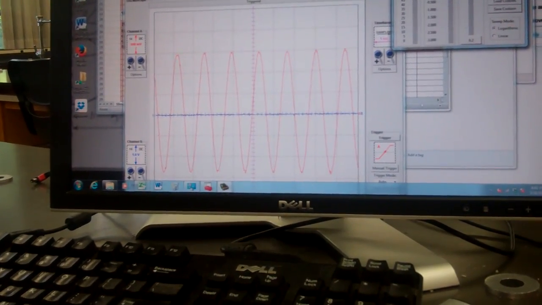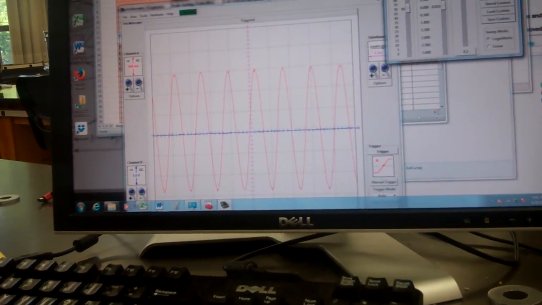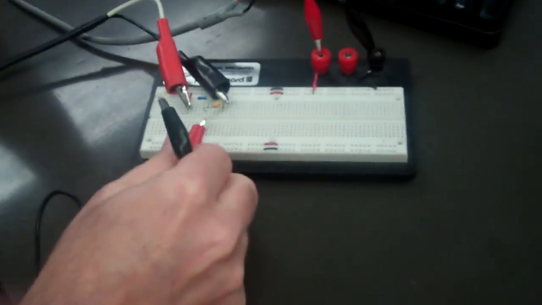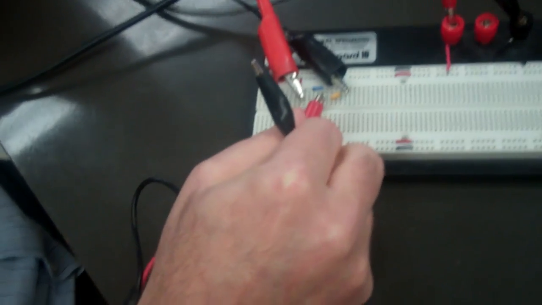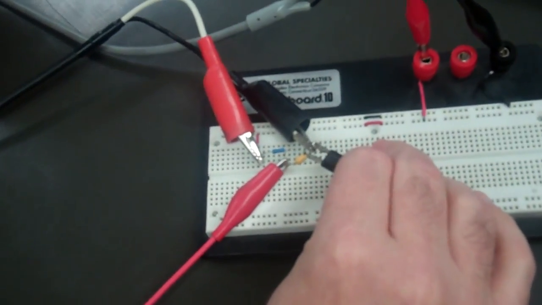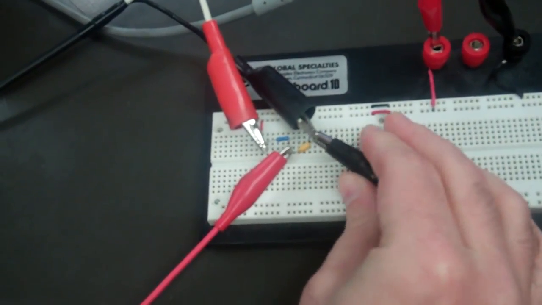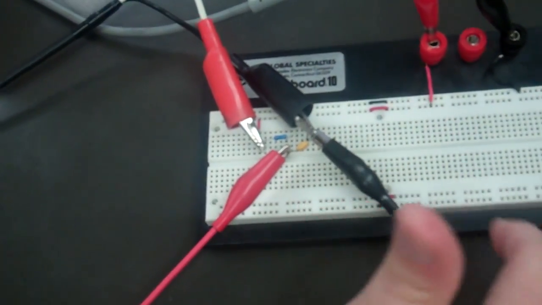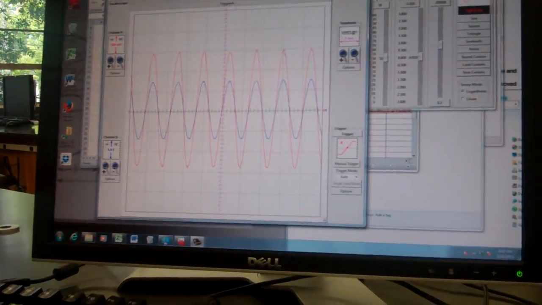Now we want to see what we get from an output. Now the output is going to be across the capacitor. That's the way these filters work. So we put one of these leads here, the red one on that side, and the black one to the black one here. It's all ground. So we got ground, ground, everything's a ground. All right, and you may see that the signals look different.